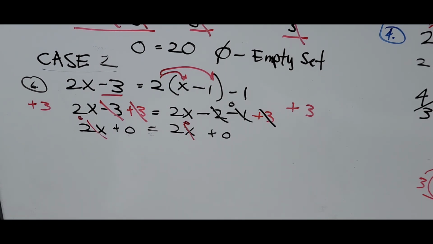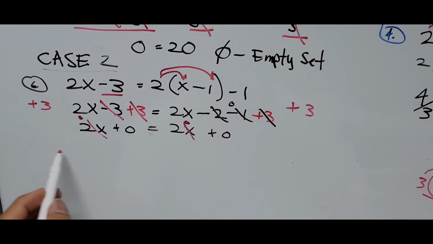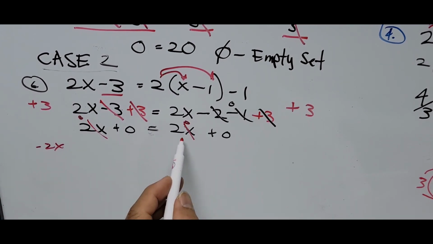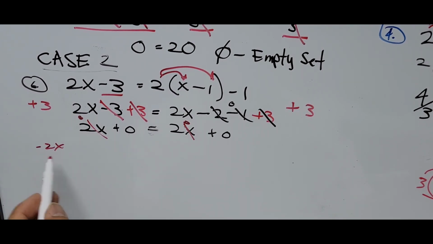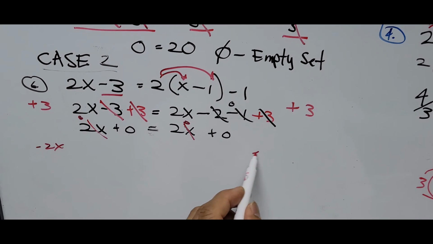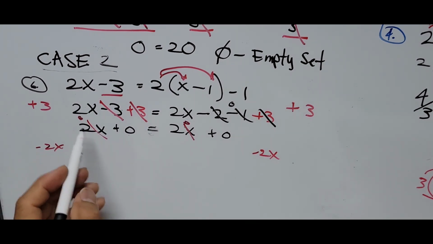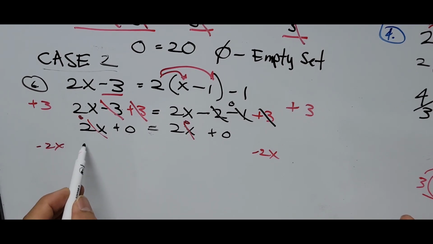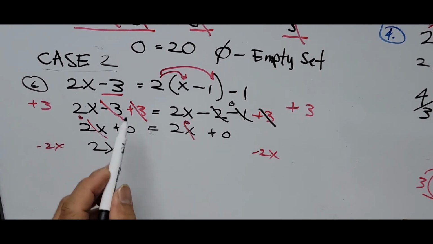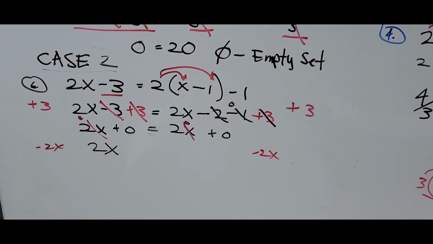I'll show you. So we have 2x here. The inverse of 2x is minus 2x. And then if you do minus 2x on this side, you do minus 2x on the right side, minus 2x. What would become of the answer? So we have 2x plus 0, 0. So it's a minus 2x.